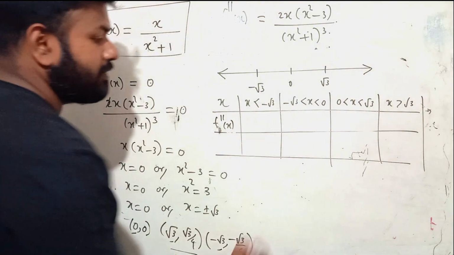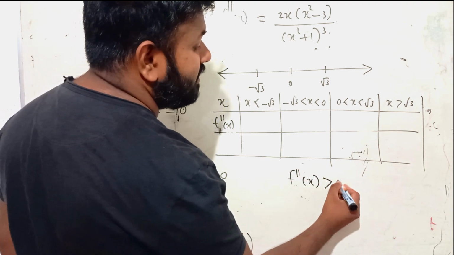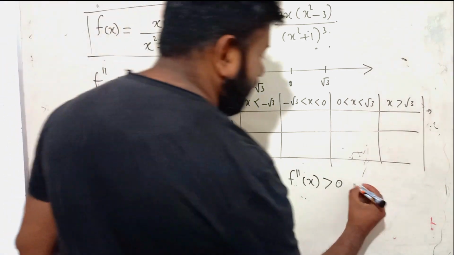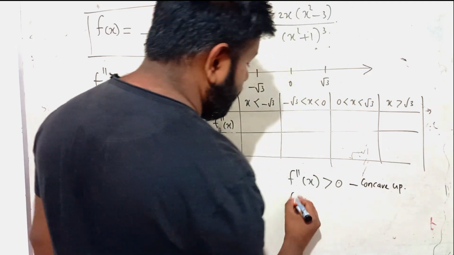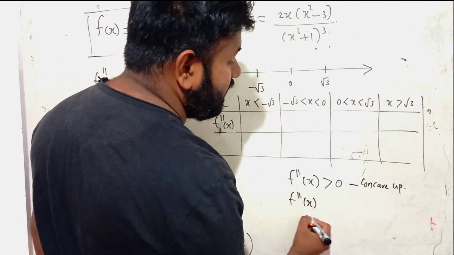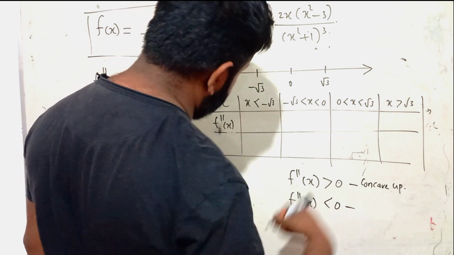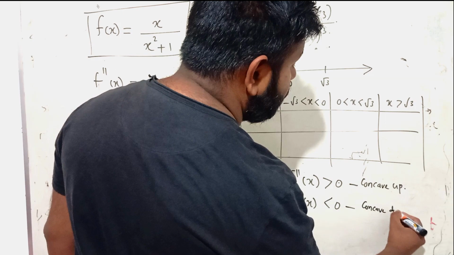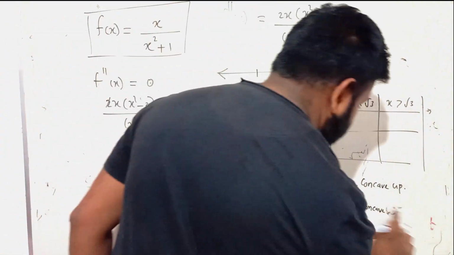Always remember, guys, that when in a region f double dash x is positive, it is concave up. Whenever the second derivative of f x is less than 0, is negative, it is concave down.